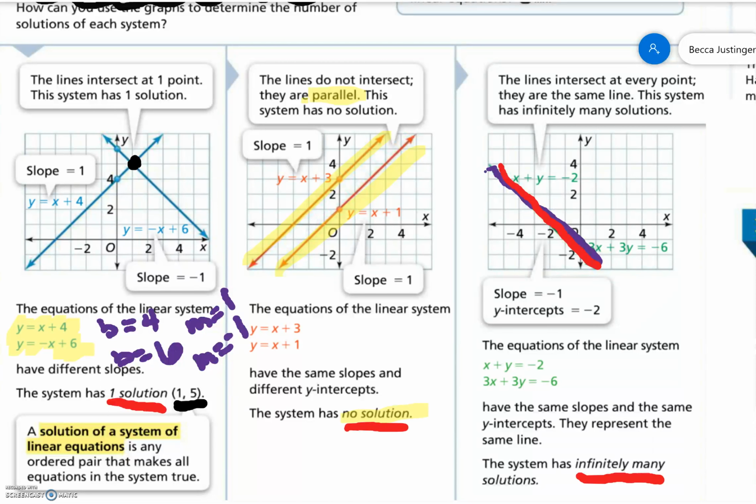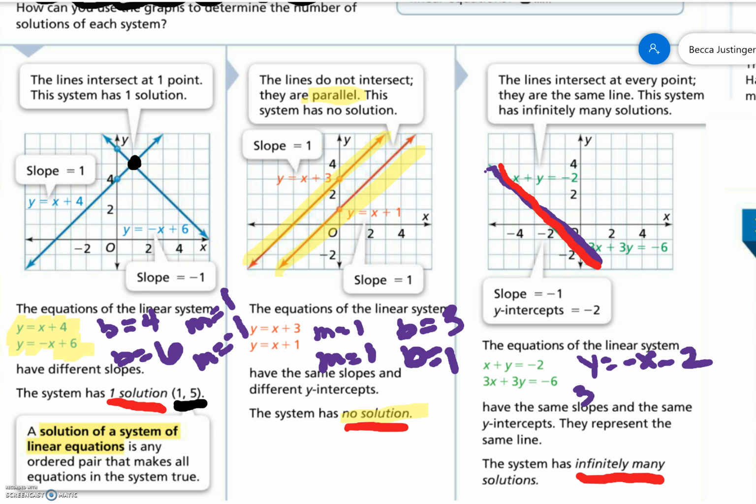Looking at the next one, they have the same slope, but different y-intercepts. If they have the same slope and different y-intercepts, there's no solution. And last but not least, this one, if we were to solve for y equals mx plus b, this would be y equals -x minus 2.